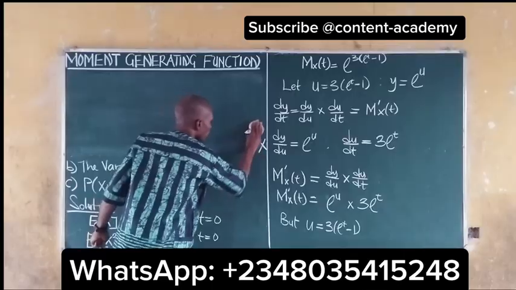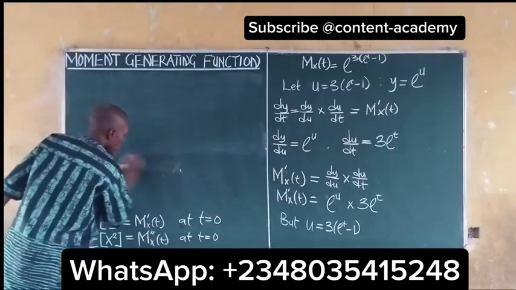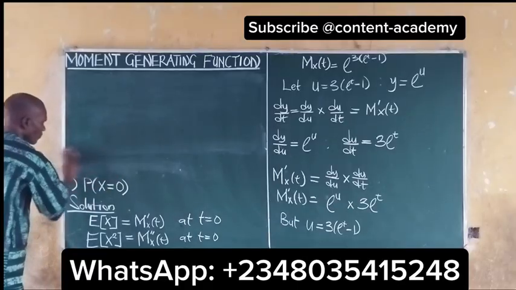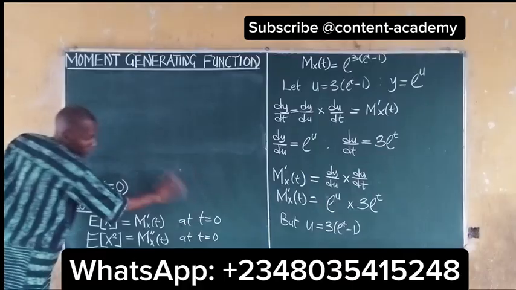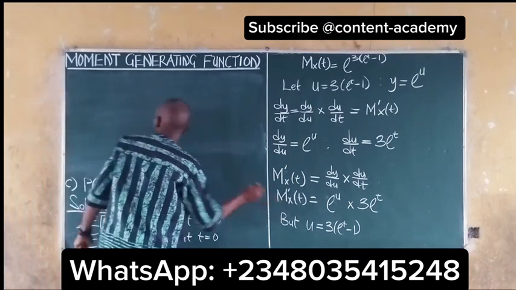You have to find the first and second moments of x, then you will find the variance. So what do we do? Now we write this properly.